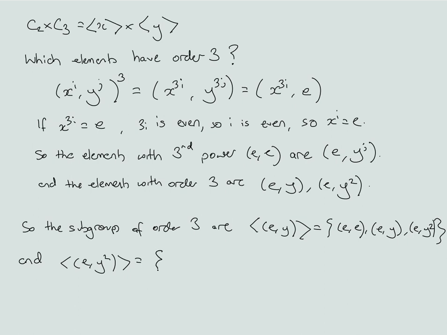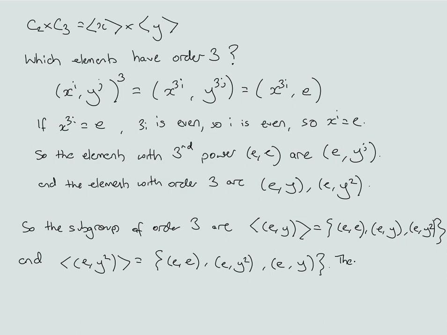Again, let's think what we get. This is an element of order 3, so the cyclic subgroup it generates is (e,y^2) to the 0th power, (e,y^2) to the first power, and (e,y^2) squared, which is (e^2, y^4), which is (e,y). Okay, this is the same thing as what we had before.